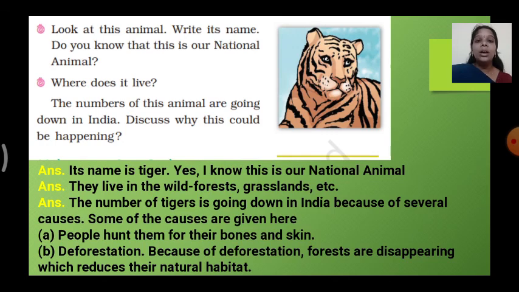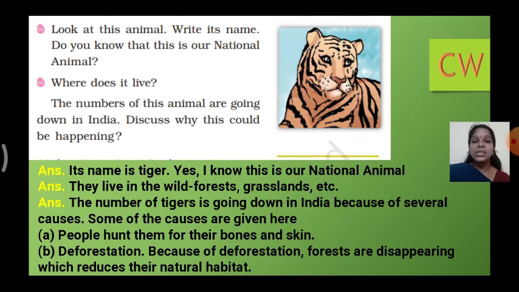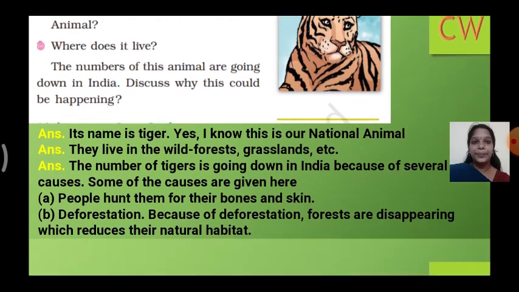Because of deforestation, forests are disappearing, which reduces their natural habitat. Some people destroy the forest area and build buildings. So in this case, the number of tigers will reduce. This one you have to copy in your classwork.